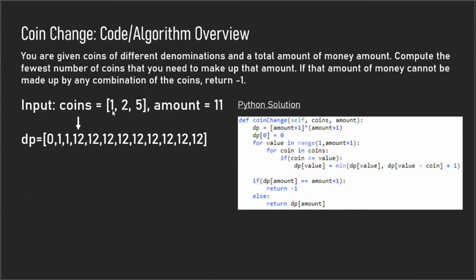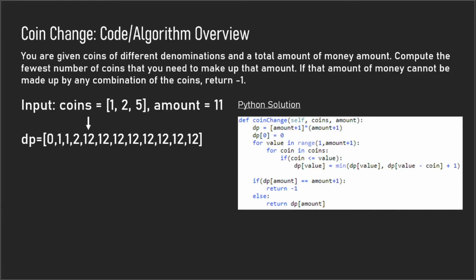There's only one way that we can get to the amount 1 with these coin values, and that's with just selecting a single 1, right? And then we have to account for the coin that we're adding. The coin that we're adding in this case would be 2. So once we add the 2, that means the minimum number of coins is going to increase by 1, hence we have this plus 1 here.